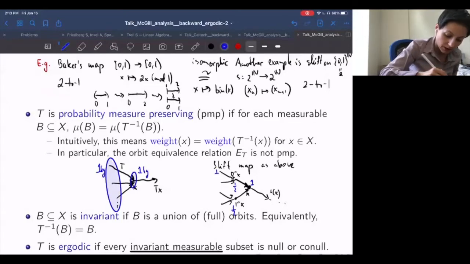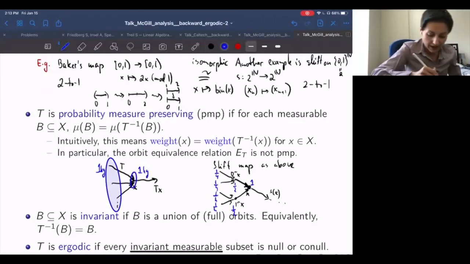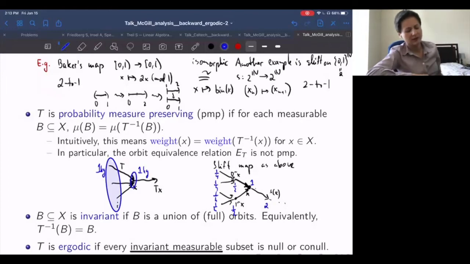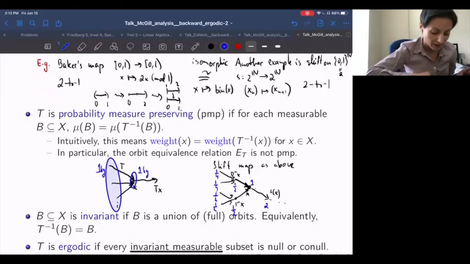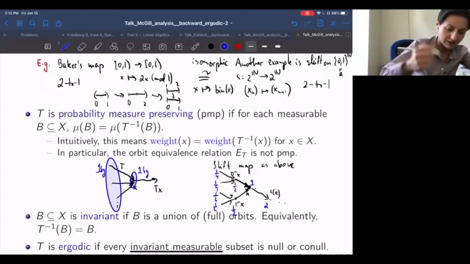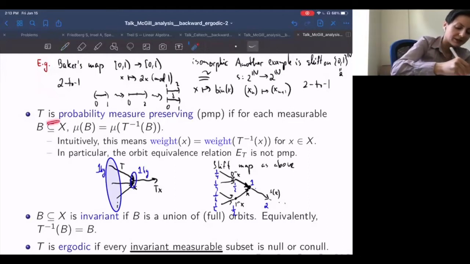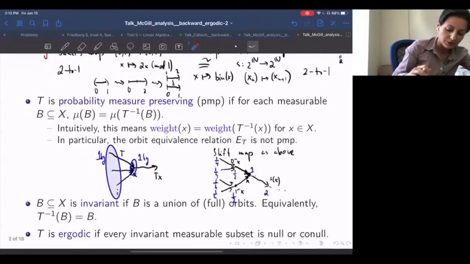And then these would be 1 over 4, 1 over 4, 1 over 4, and so on. Not measure, I mean weights. And then the image of X would have weight 2. I'll make this notion of weights precise, it comes from a Radon-Nikodym derivative. But so far, all I've said is that T is probability measure preserving, and I tried to explain the pointwise intuition behind that notion.